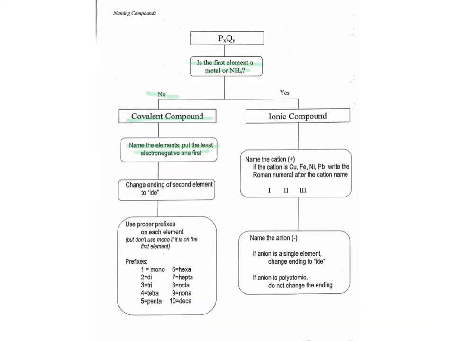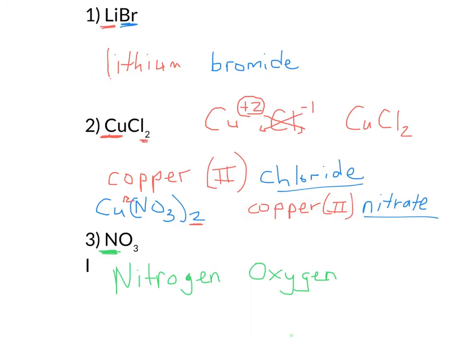So now what? Well, I need to change the ending of the second element to IDE. So instead of oxygen, we're going to get rid of the ending here, and we're going to call this oxide.